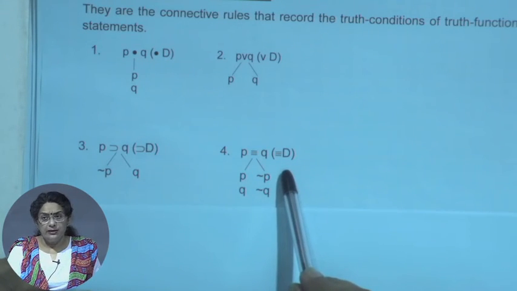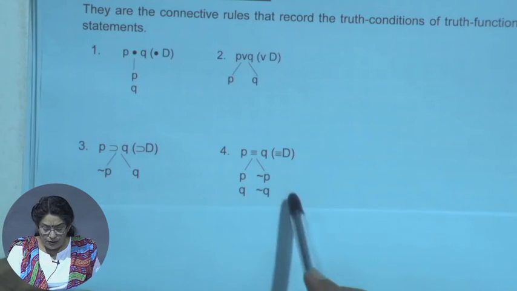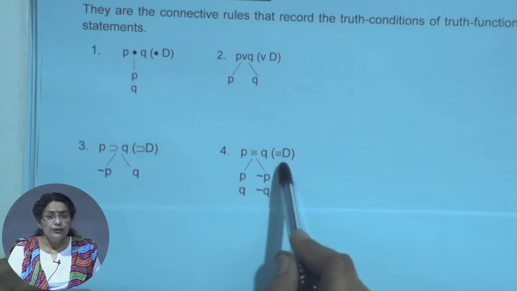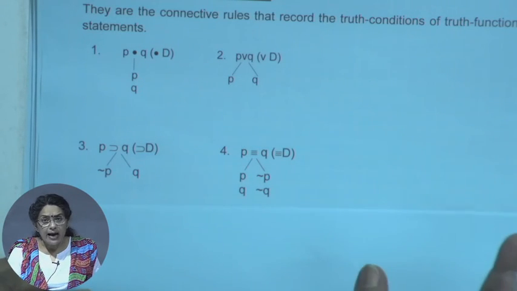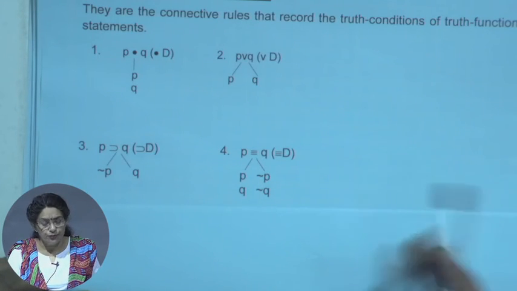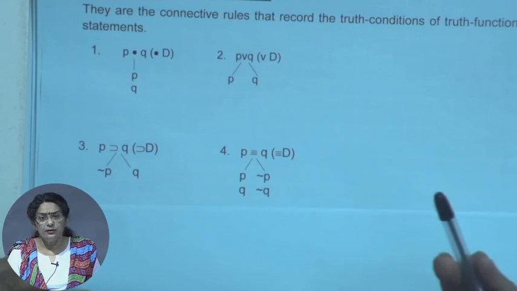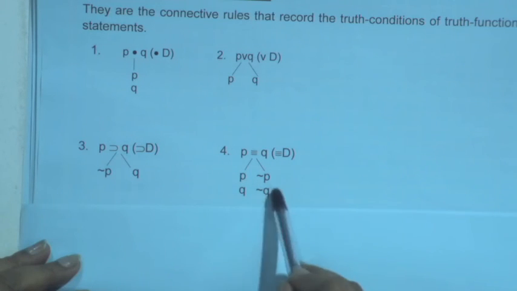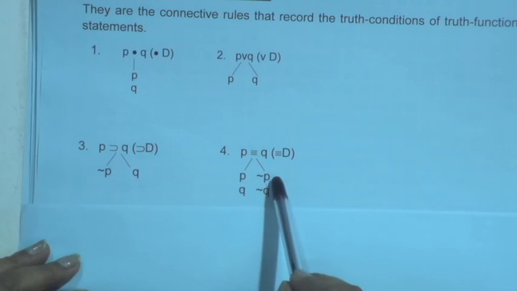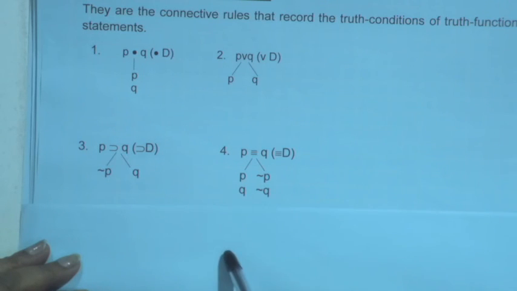This is your triple bar decomposition rule. As you know very well, this is the equivalence. Whenever the values match, the triple bar comes out true. Whenever they do not match, that is when the triple bar will be false. Now, remember, in the decomposition rule we are capturing only the truth conditions. What makes the triple bar true? The answer is either when P and Q are both true, or when P and Q are both false.